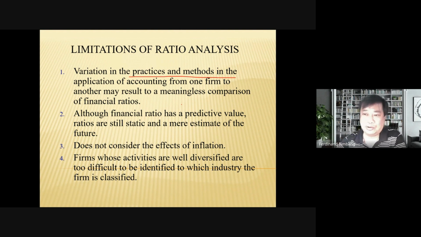And then number 4, firms whose activities are well diversified are too difficult to be identified to which industry the firm is classified. Kasi pagka sinasabi natin na conglomerate siya, when you see conglomerate, there are so many companies belonging to that conglomerate, but the industry is different, no?